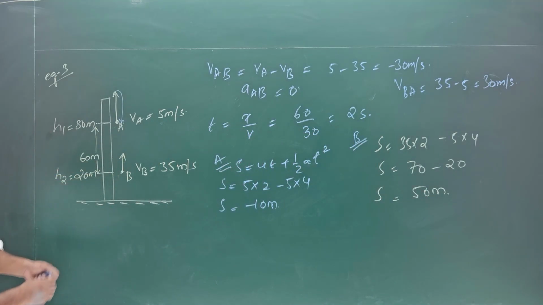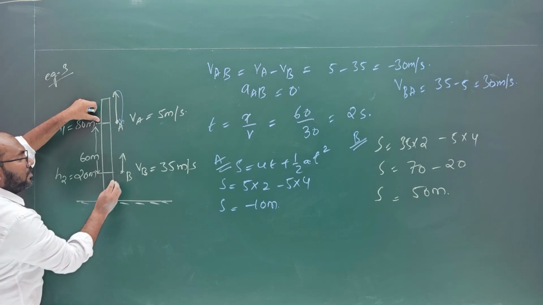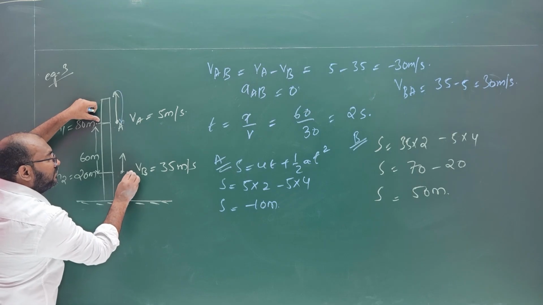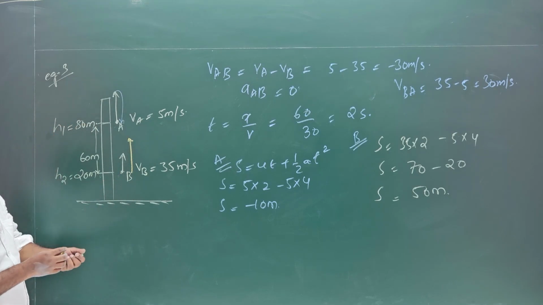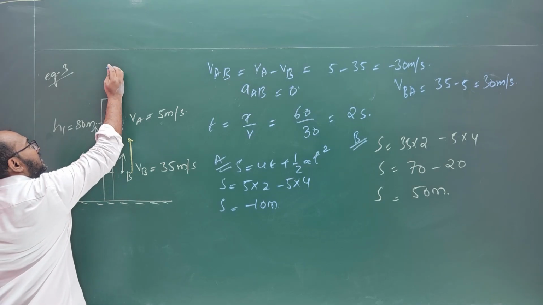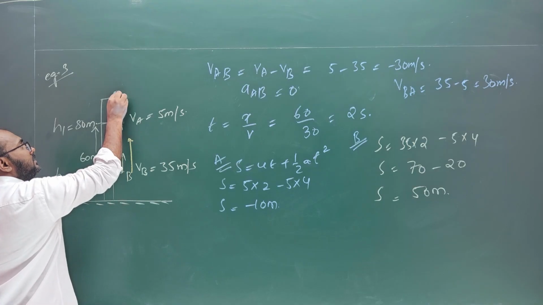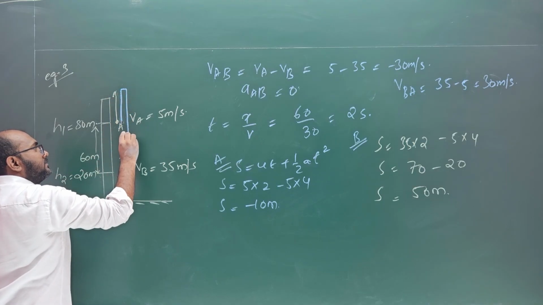Now, what is the initial distance between these two? 20. Body B moved 50 meter till here. Body A started moving in the upward direction, then it reached H max, then returned back and hit here.